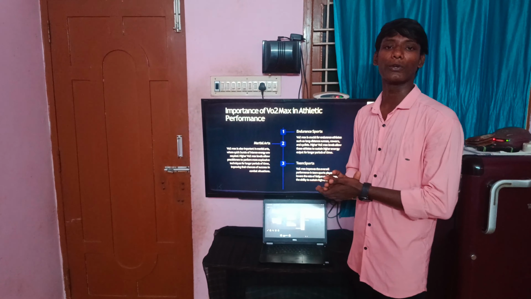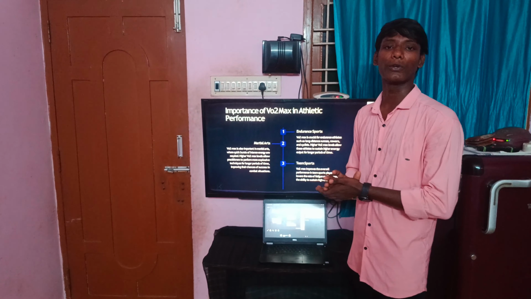To measure VO2 max, there are laboratory tests, estimated tests, and field tests. Laboratory tests are very costly for the basic and normal sportsman or trainer. For estimation tests, there are currently some wearable devices which can measure VO2 max.